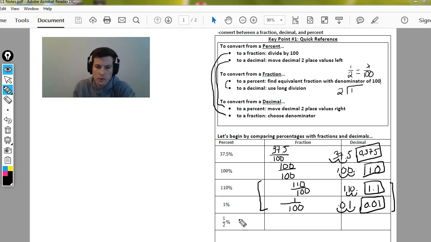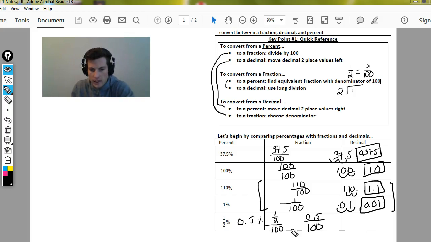Last one. You might recognize 1/2 already as a decimal. If you do, you can write that here. This would be the same thing as saying 0.5/10%. Okay, but what you could do is still just write this over 100. So 1/2 over 100. Now you have it as a fraction. If you prefer to have 5/10, then you could say, hey, this is the same as 5/10 over 100. Great.